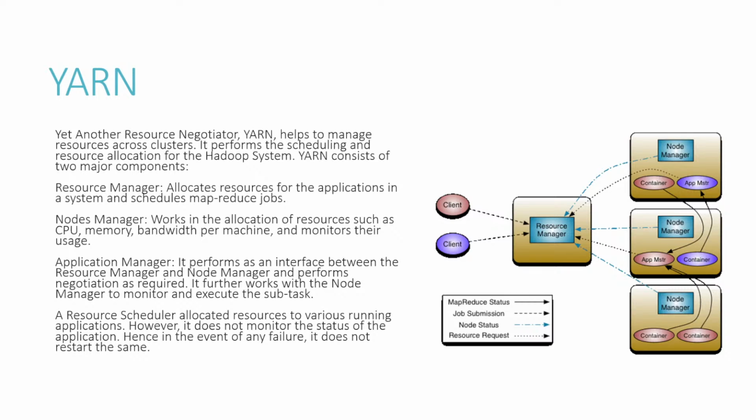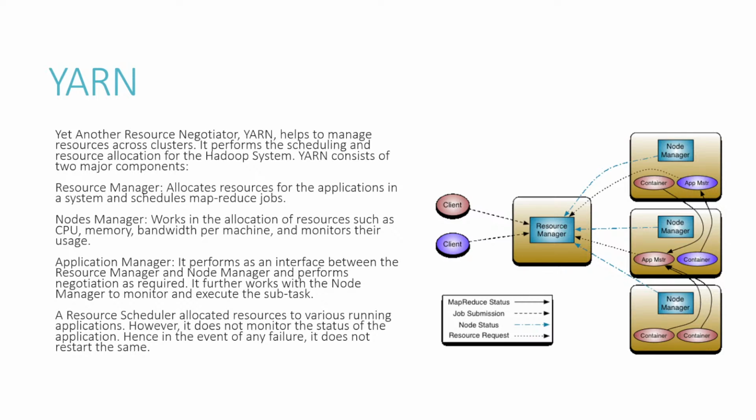Yarn has a resource manager, and it manages the work across all the nodes. The job submission happens across all the nodes, and they talk to each other through the resource manager. So the resource manager helps coordinate all this work.